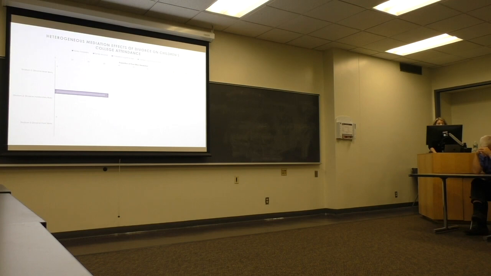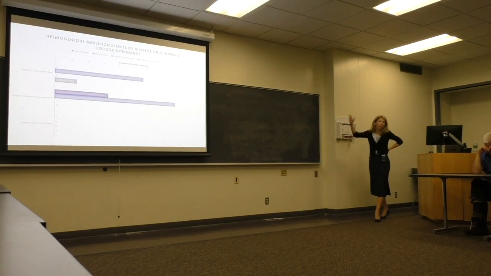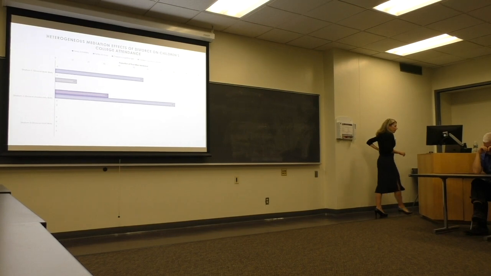Again, family instability plays a role for college attendance for those with the moderate propensity. Family income dominates the story in every case, cognitive skills have no significant mediating effect, and psychosocial skills play a role for those with the lowest propensity for divorce.